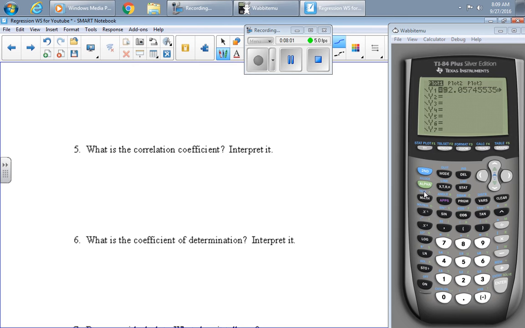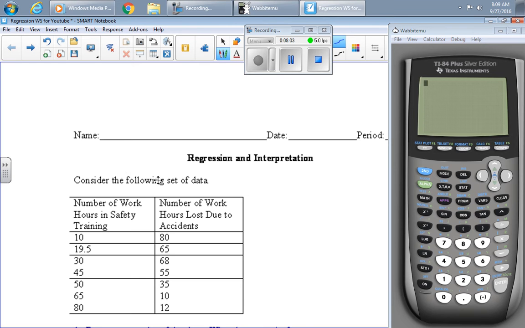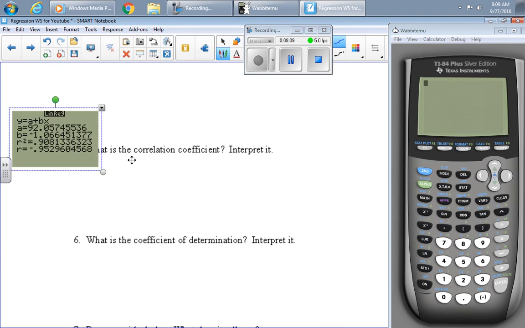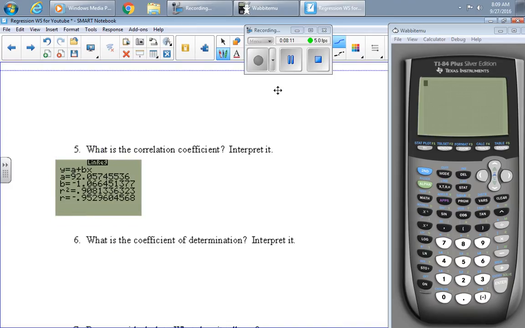Continuing, it says what is the correlation coefficient, and that was written on this sheet as well. I'll copy this over here, copy it, paste it. All right, the correlation coefficient, sometimes just called the correlation, and that is R. So R equals negative 0.95296. And what that means is if I treat the data as linear, the points are pretty close to that line.